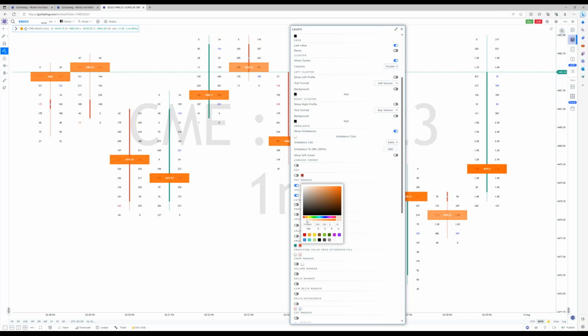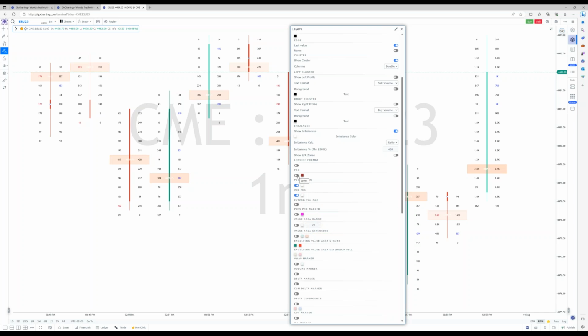So if you want to have it colored but still read underneath, you can just change the opacity. Okay, but I don't need that. Volume point of control. Again, if you want to have that on there, you could adjust whatever color you want, how strong you want.